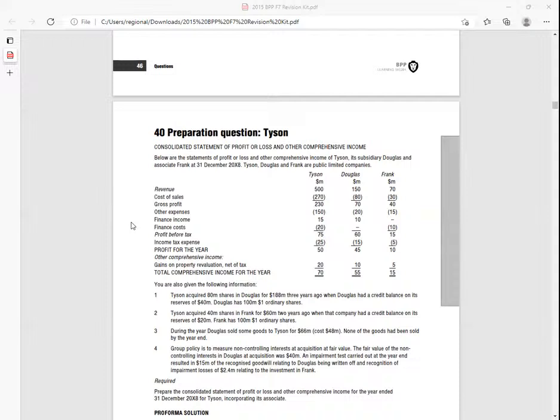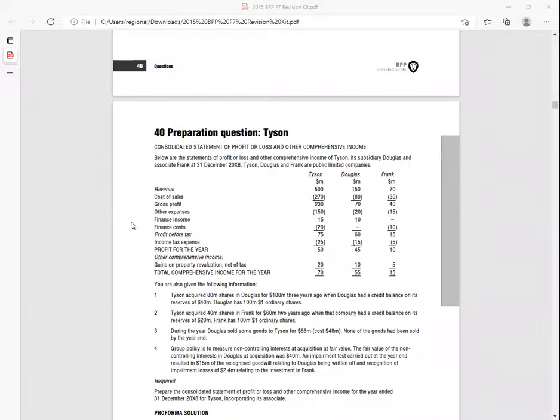From there, we have OCI, the other comprehensive income. In the OCI, I can see we have a gain on property revaluation. I'll simply call it revaluation.